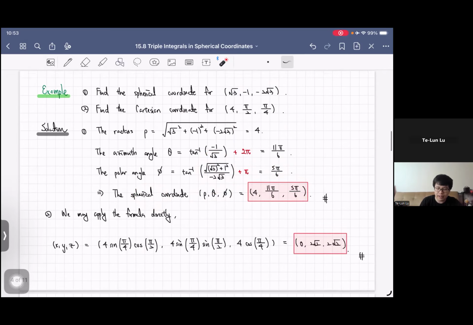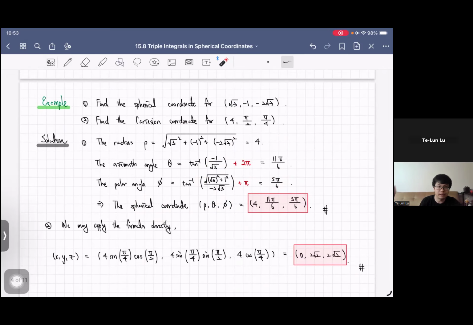I want to emphasize here that sometimes in the physics literature, theta and phi are used differently, which means that usually they use phi to be the azimuth angle and theta to be the polar angle.